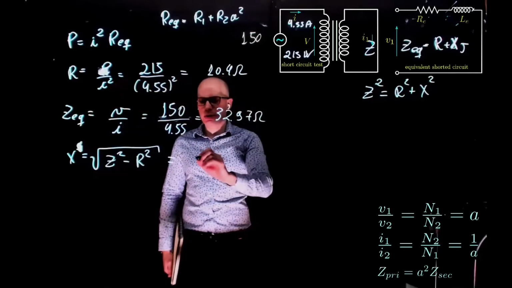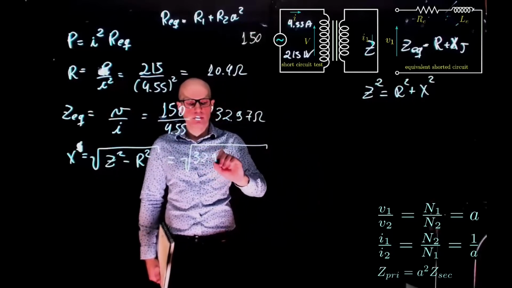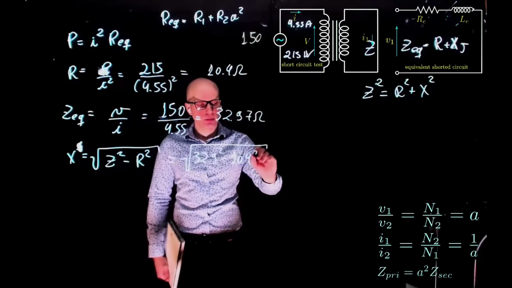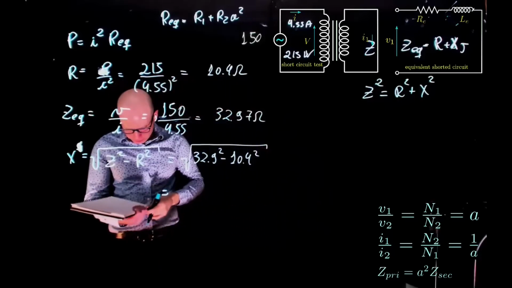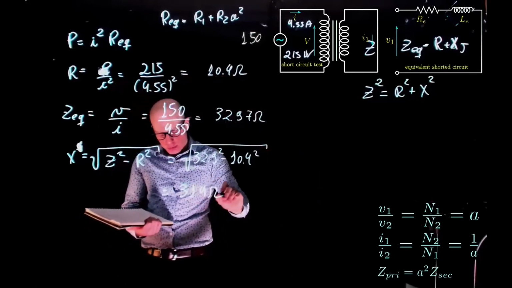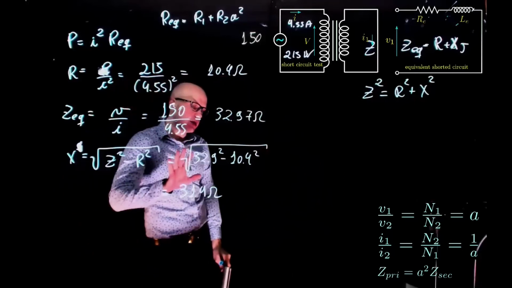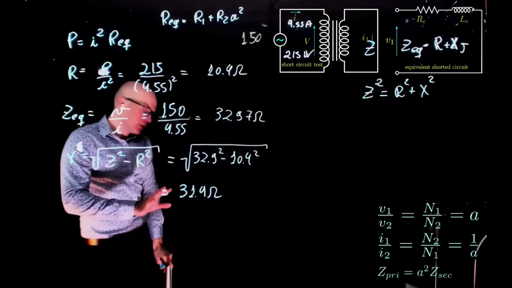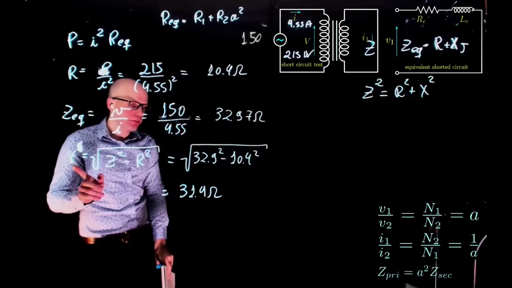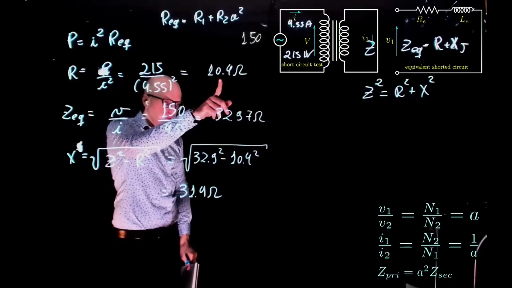Z is calculated here, and minus 10.4 squared, this gives 31.4 ohms. This is, as seen, the equivalent reactance seen in the primary. This is the equivalent resistance as seen by the primary.